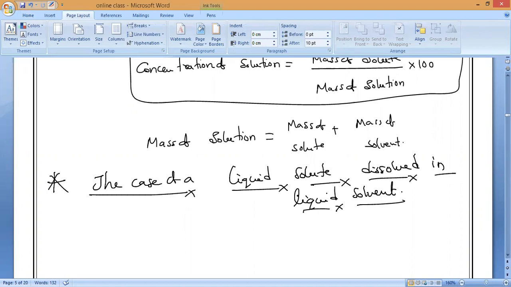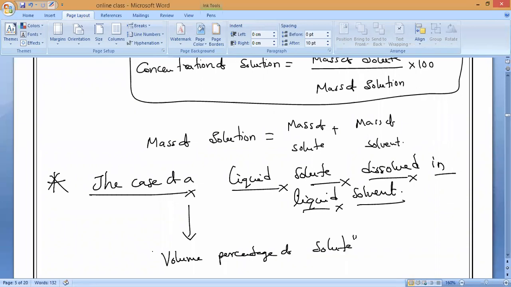Okay. So if the solution is of a liquid solute dissolved in a liquid solvent, then we can use the volume percentage of solute. For a liquid solute, we will use volume percentage of solute.